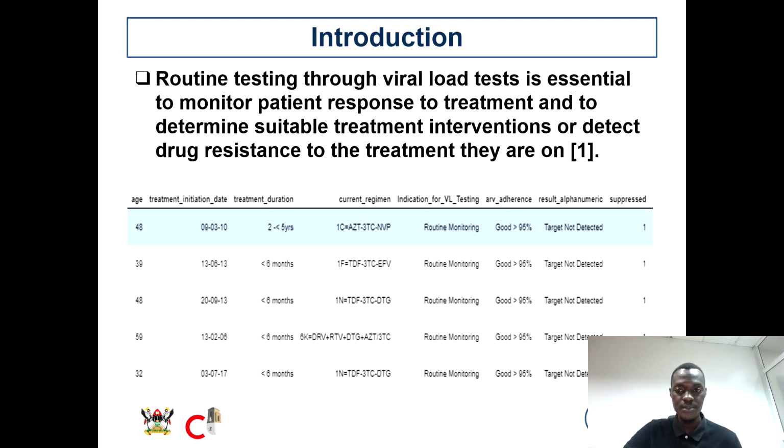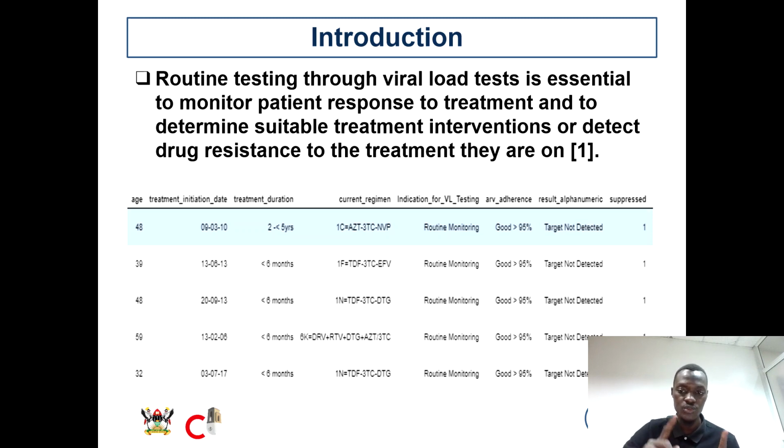Then result alphanumeric, which shows the amount of the HIV virus in your blood per milliliter. So it is a very good feature as well. And then suppressed, it shows whether your body is responding to treatment or not.